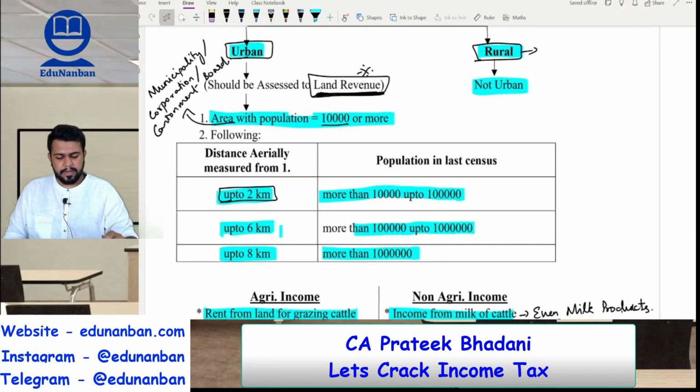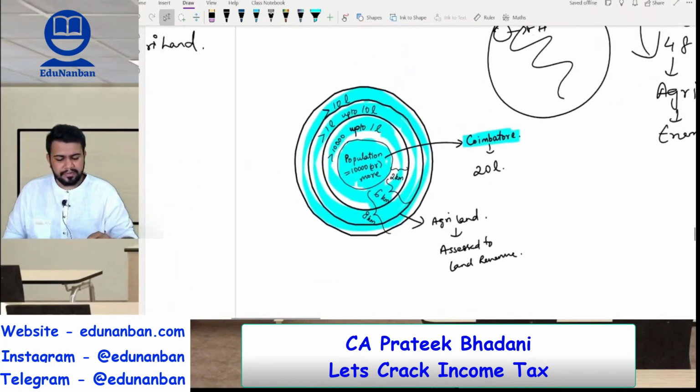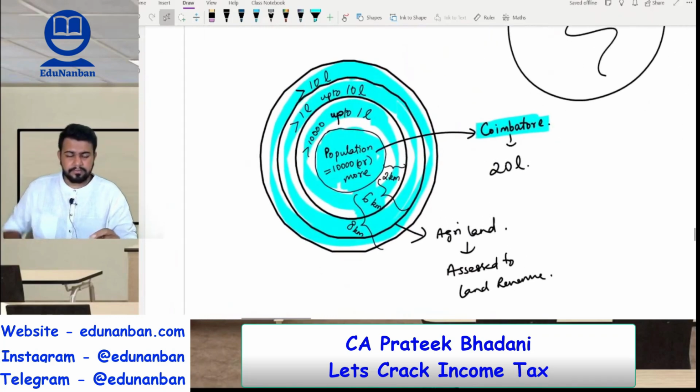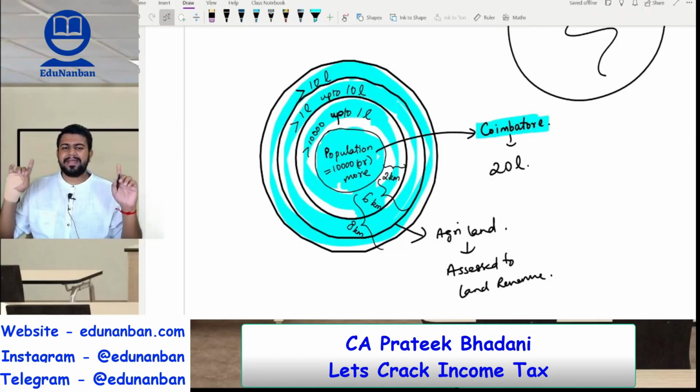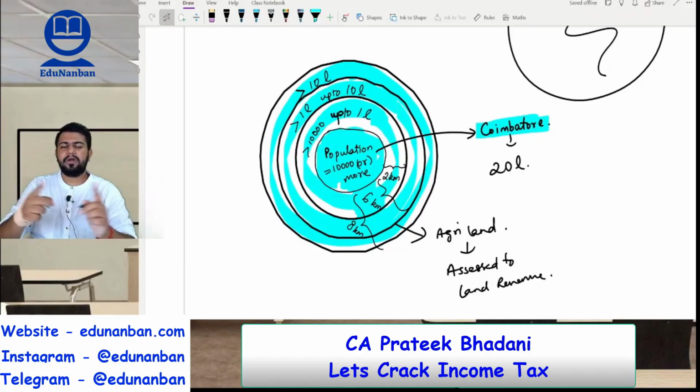Then, one more point. I gave you the example of Coimbatore. If the population of Coimbatore is 10,000 or more, Coimbatore will be called urban area. If the population of Coimbatore is more than 10,000 up to 1 lakh people, the 2 kilometer area outside Coimbatore will also be called urban area.